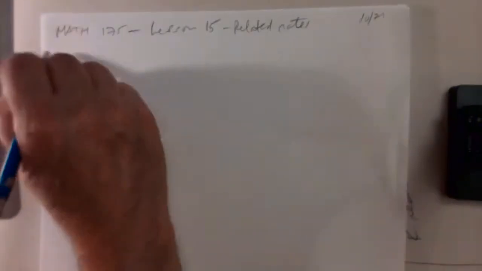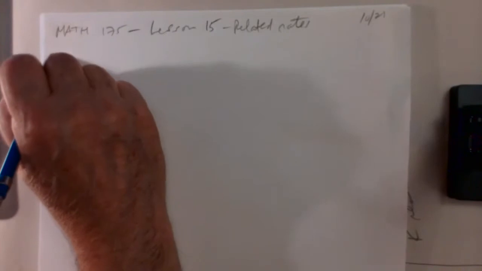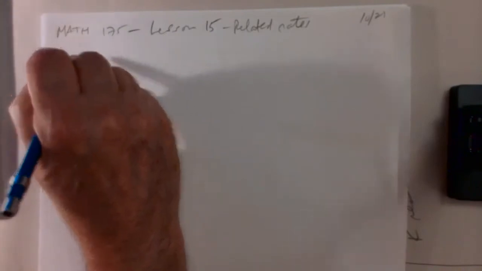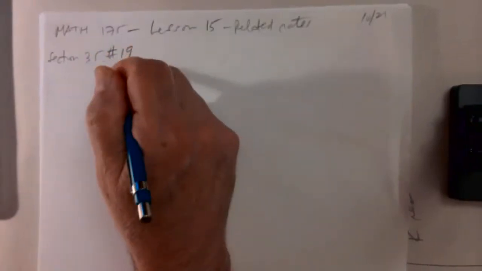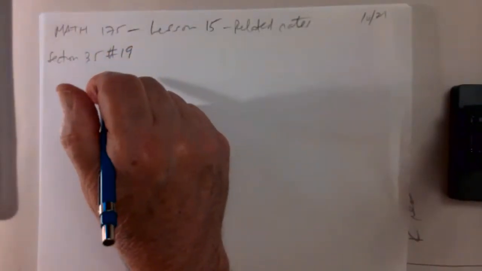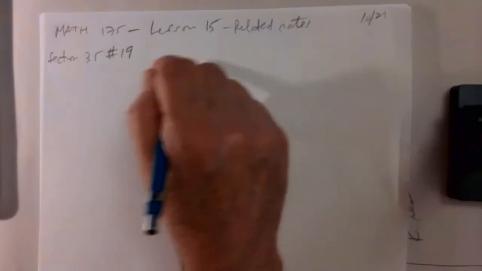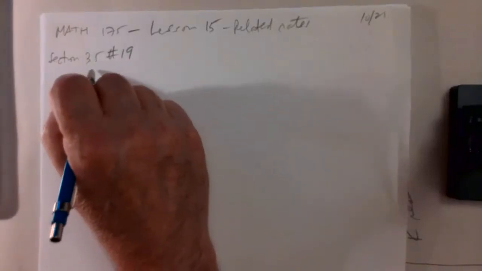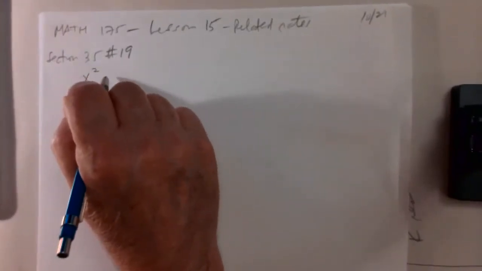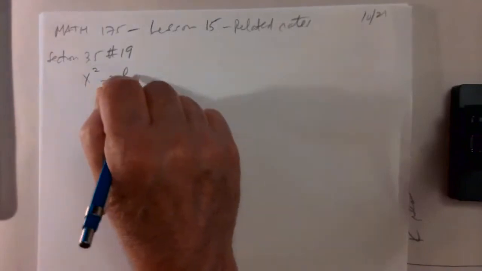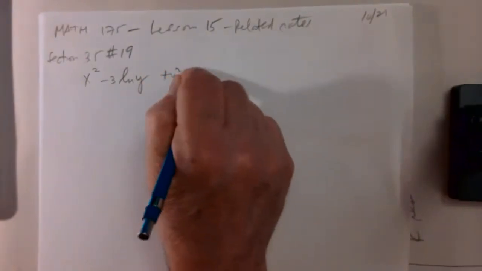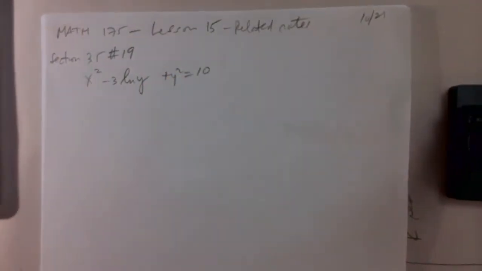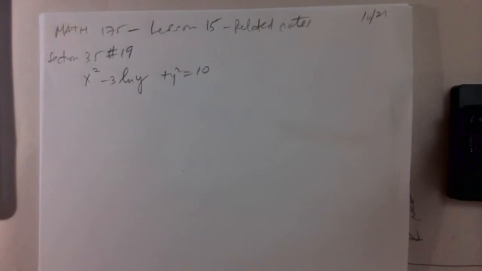So this is the equation defined implicitly by the curve x squared minus 3 times the log of y plus y squared equals 10. Is that the problem? No, I'll read it.